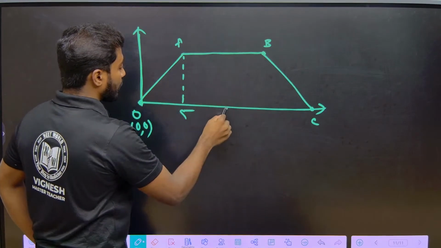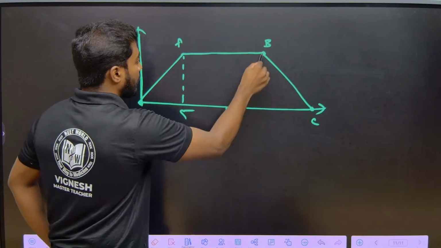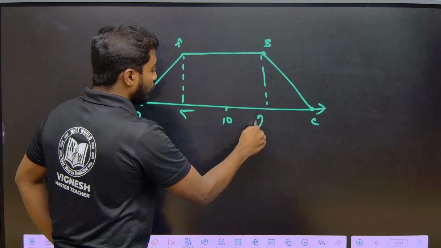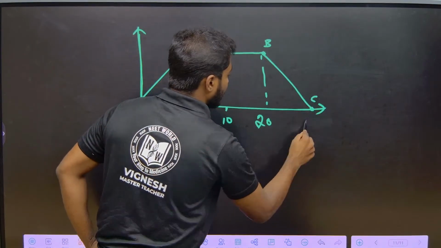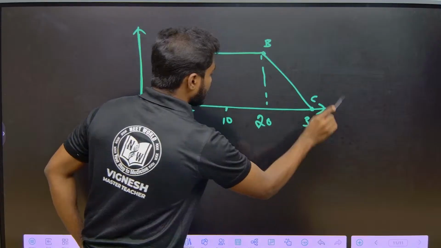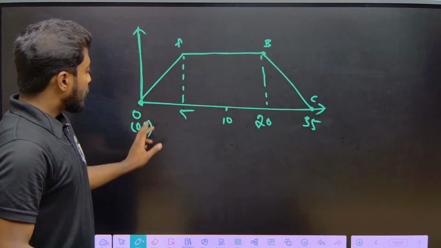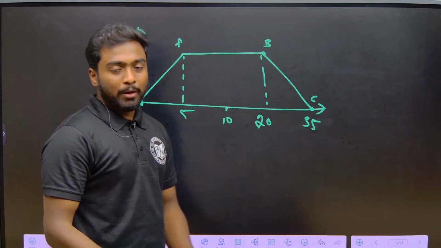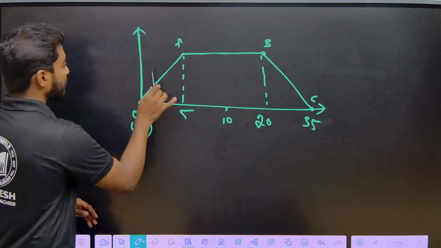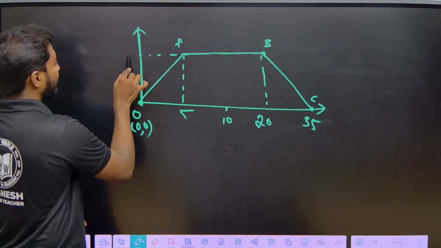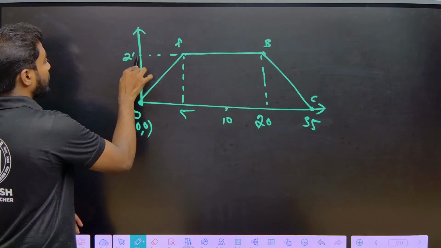This one again I will take 10, and this is 20 I'll take, and this is the point C, that is 35. Understood? Sir, why are you taking uneven numbers, sir? Do the question, guys. Okay, so this number I will take 20.